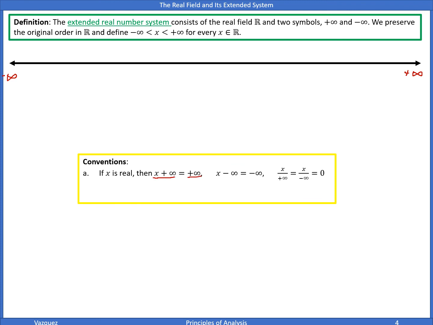This just goes with what your intuition tells you. x minus infinity is negative infinity. And I'm sure you've seen in calculus class that x divided by positive infinity or negative infinity will be equal to 0, just as we take limits in calculus.